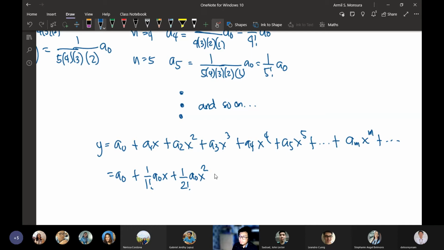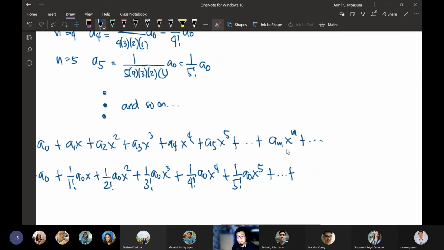Okay? So, plus, ang a3 natin is 1 over 3 factorial times a0 times x cubed. Plus, itong a4 is 1 over 4 factorial times a0 times x raised to 4 plus 1 over 5 factorial times a0 times x raised to 5 and so on.